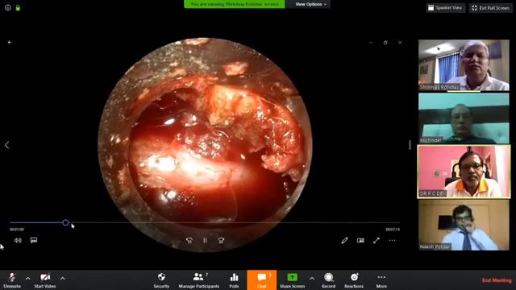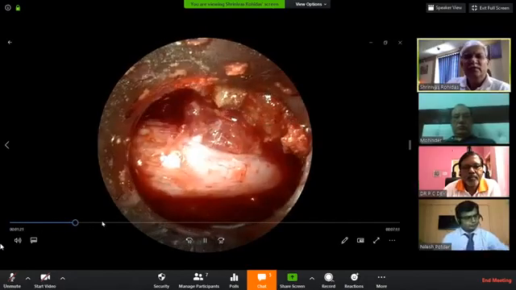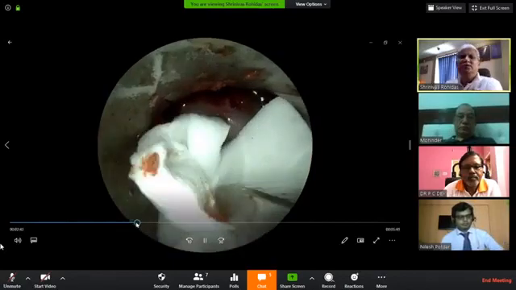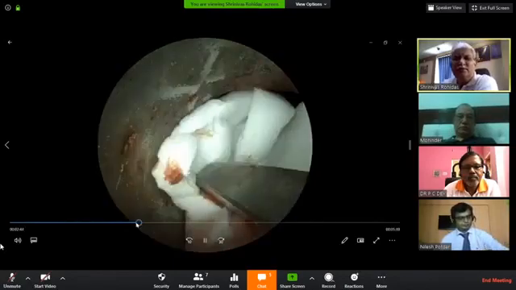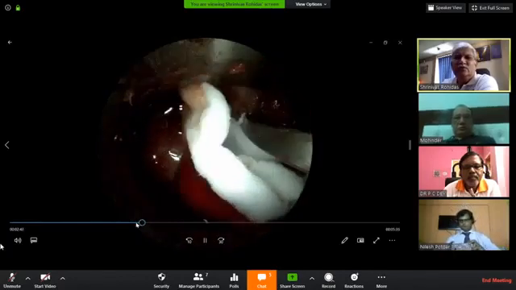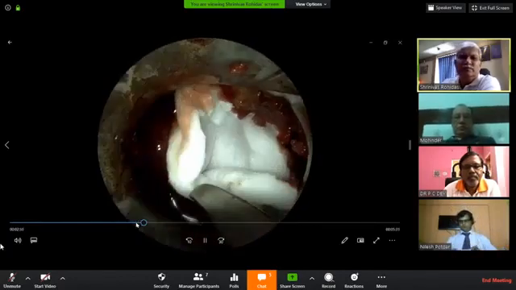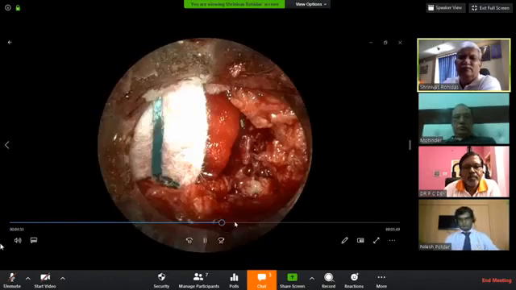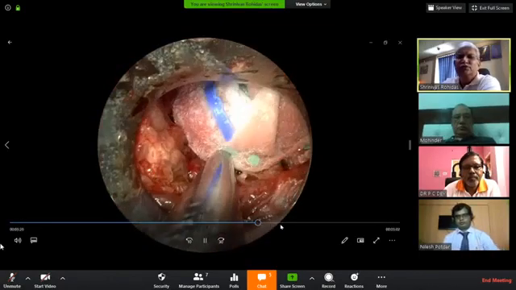Okay, and this is the muscle piece. Then we put this dural substitute over that. This is the dural substitute.